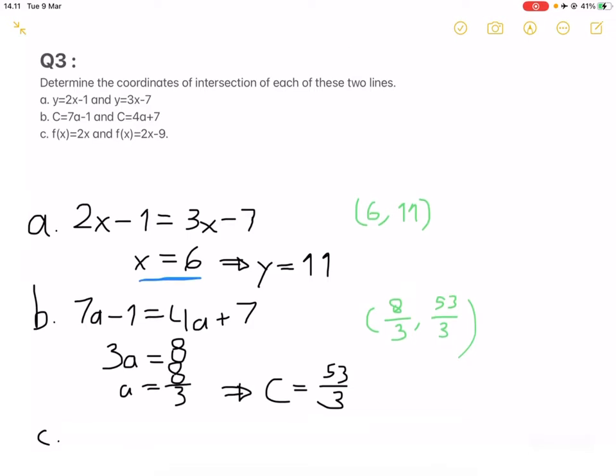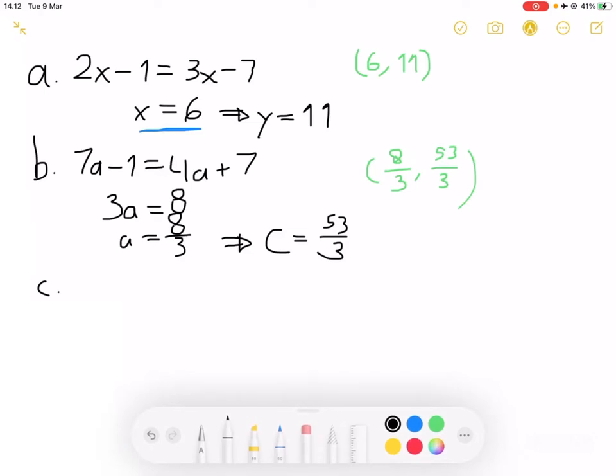Lastly, for f of x equals 2x and f of x equals 2x minus 9, notice that those two lines are parallel because they have equal gradients. And when there are two parallel lines, they never intersect. Therefore there is no solution to the coordinates of intersection.